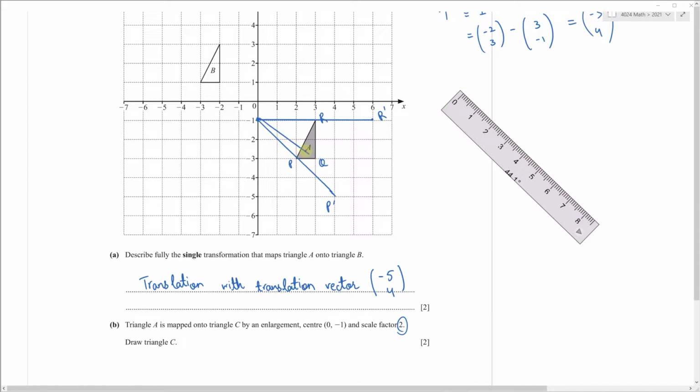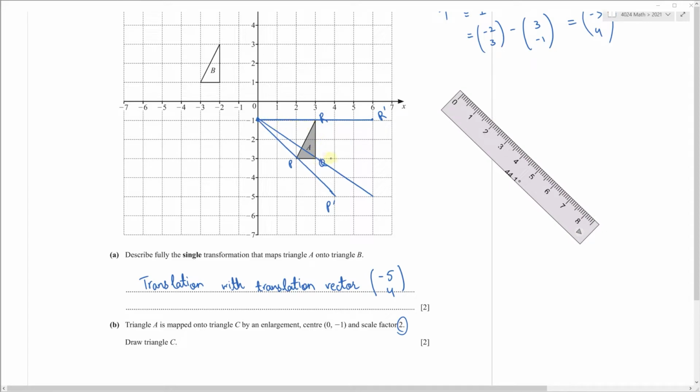Let me draw this again. Q is this much distance. So you double the distance, go another. Q was 3 blocks in the x direction and 2 blocks in the negative y direction.